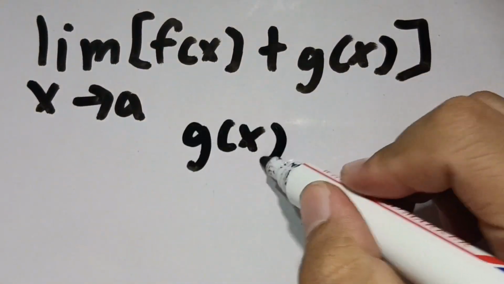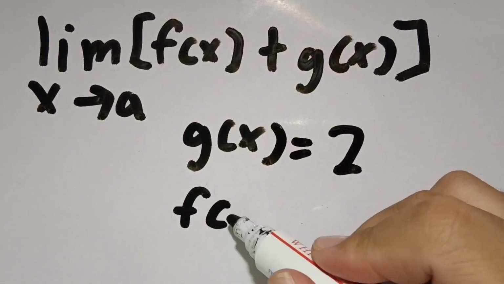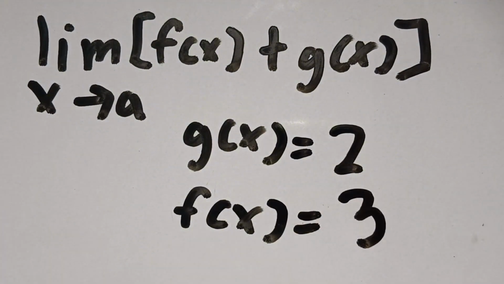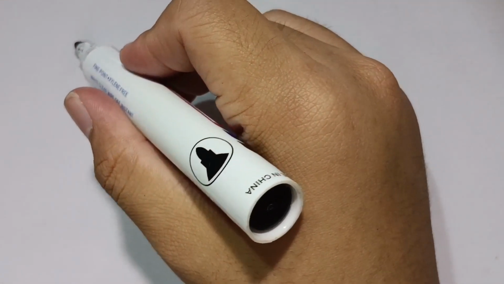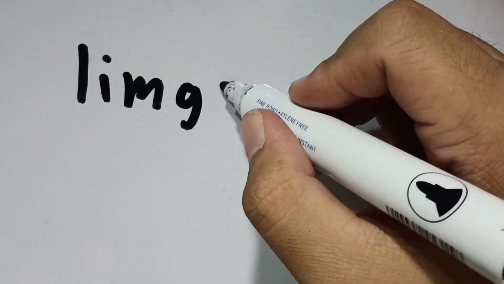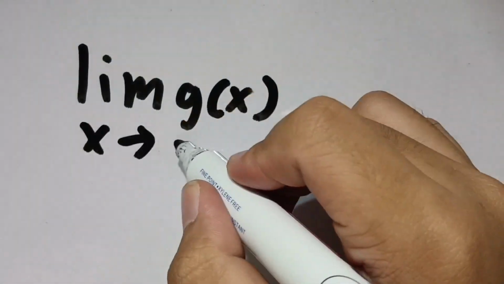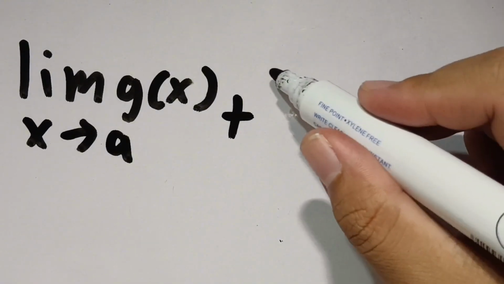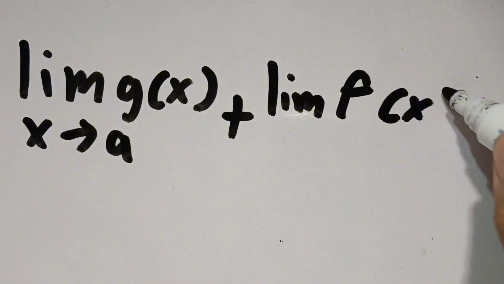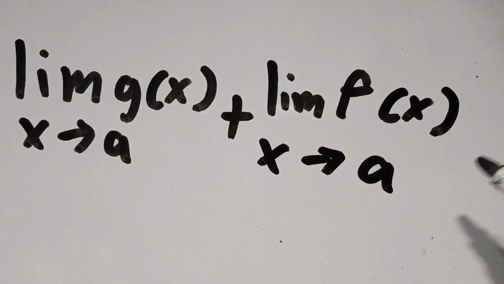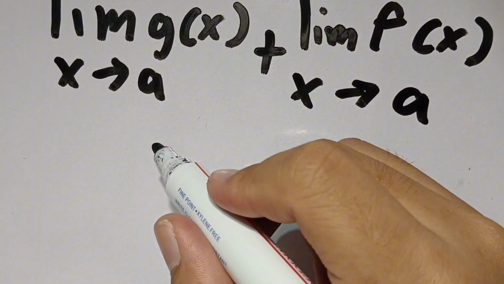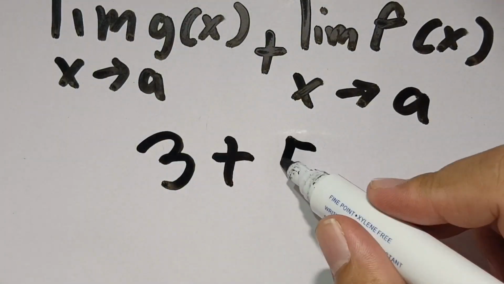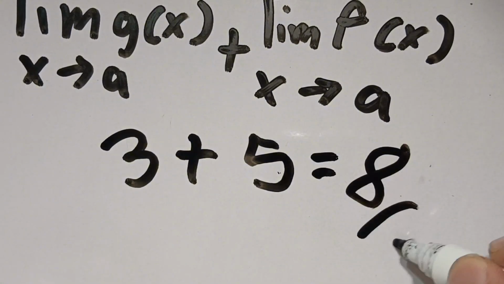Let's say that the value of g of x is equal to 2 and f of x is equal to 3. Let's do this format when using the basic laws. Substitute the value of the functions and add.